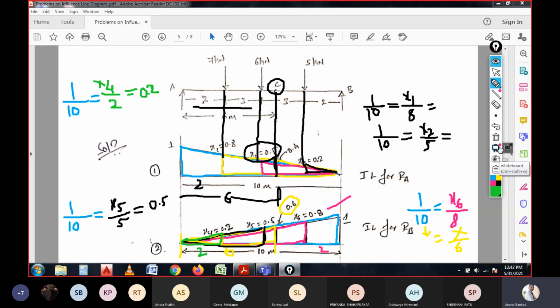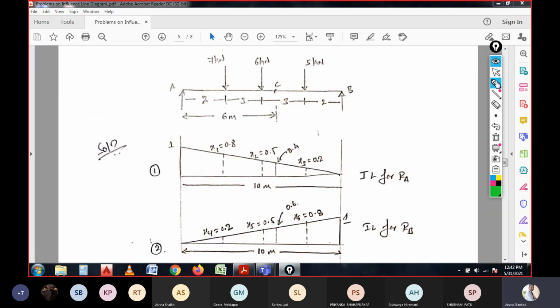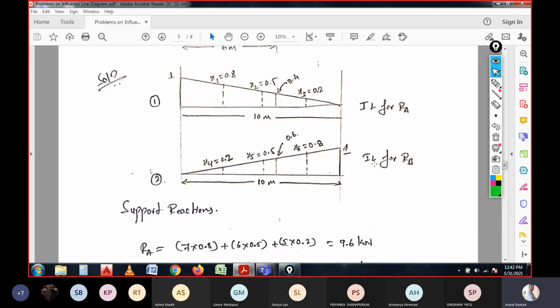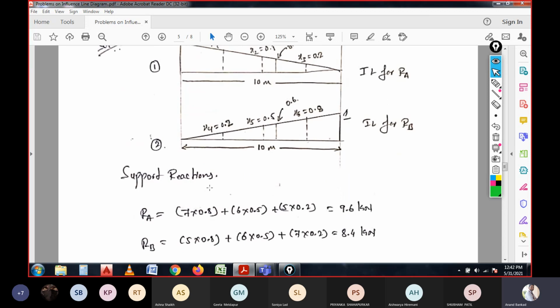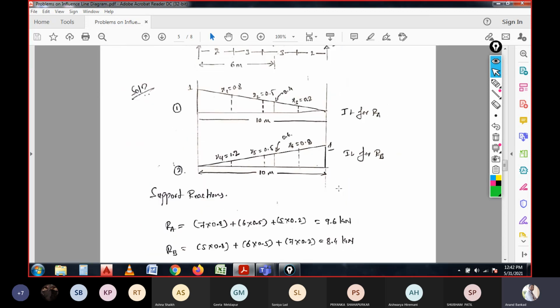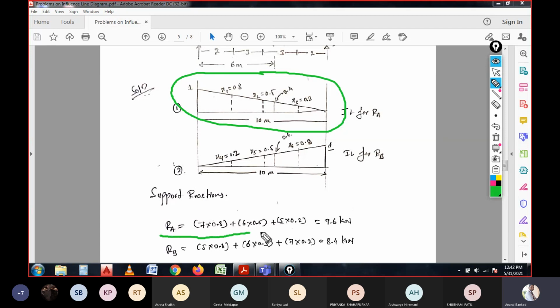With this, we need to write it for the reactions. So now, just observe the diagrams over here in the circle 1, because this is the influence line for reaction at A. So the influence line for reaction at A is written like here.